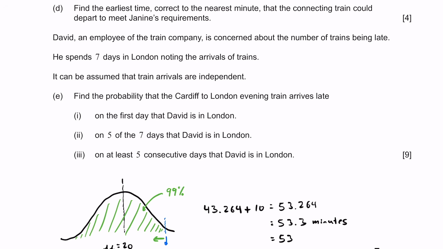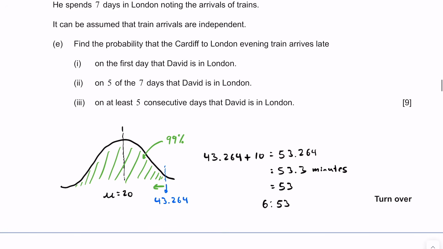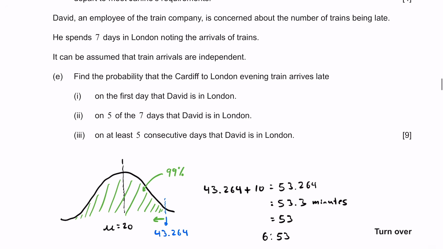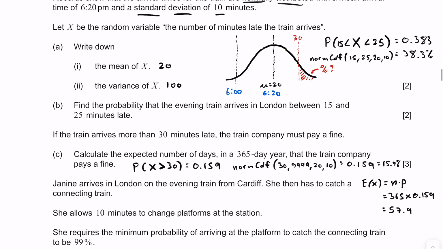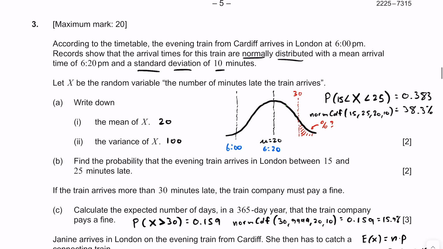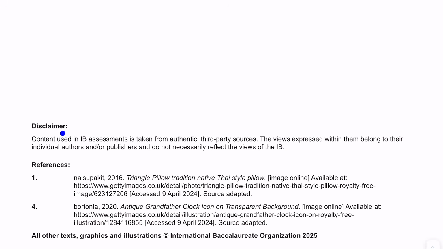Okay. I think maybe I'll say this now, I suppose. But I think this is an interesting question because it's not necessarily offensive to the London or the English train system, but this is the first time I've seen this in an exam where all the way at the end they have this disclaimer where it says content used in IB assessments is taken from authentic third-party sources.